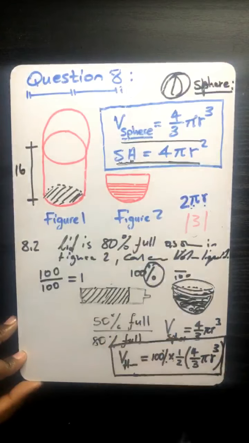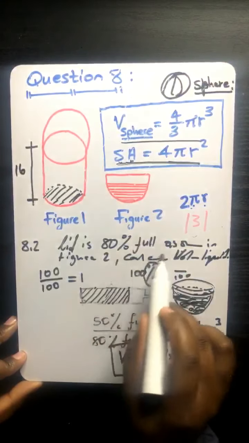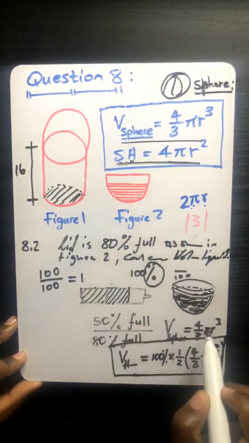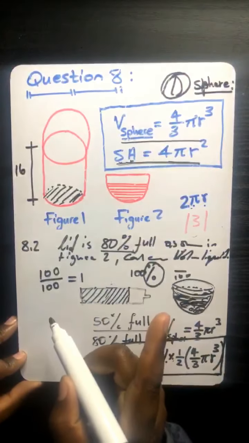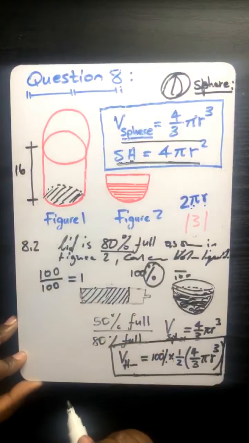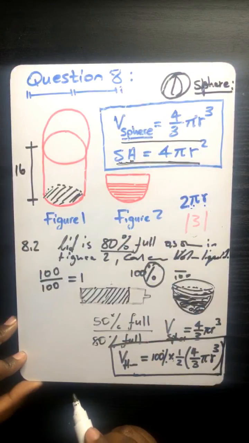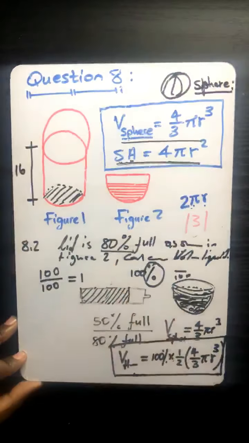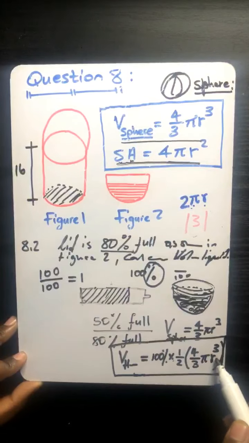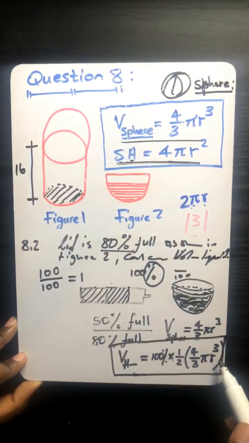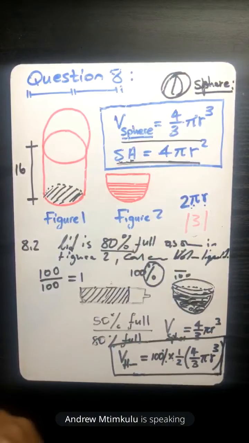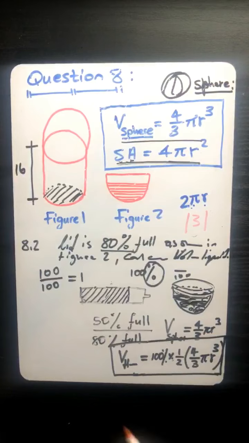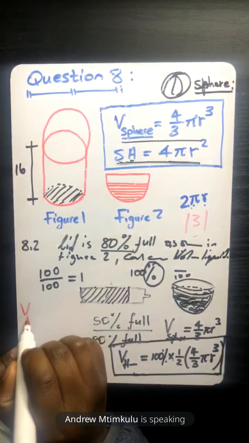But for this question, this hemisphere is 80% full and not 100% full. Do you guys think you can give me the formula for that hemisphere when it's 80% full? So I think it's 80 over 100 multiplied by half and then the rest of the formula, sir.